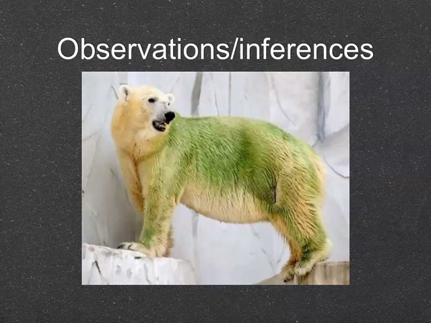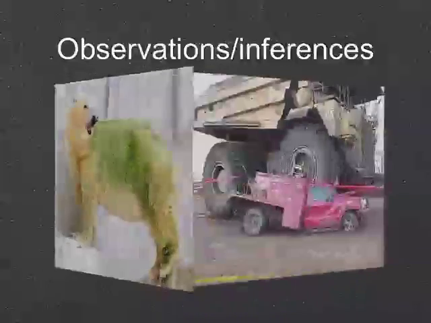Okay. An inference, he may have a disease that makes his fur turn green. Okay. Holly? The polar bear's trying to get in between the two pieces of ice. And he might be trying to get back to his family. Okay. All right. Last one.